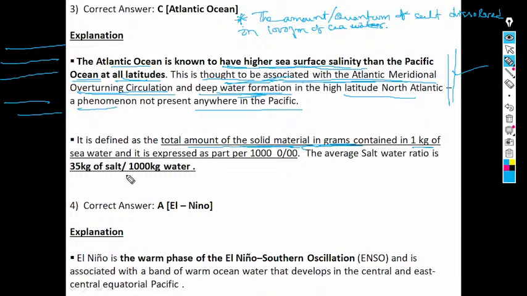It is expressed per 1000, and the salinity symbol is like this. The average salt water ratio is 35 kg of salt per 1000 kg of water. You can say 35 kg of salt per 1000 kg of water.